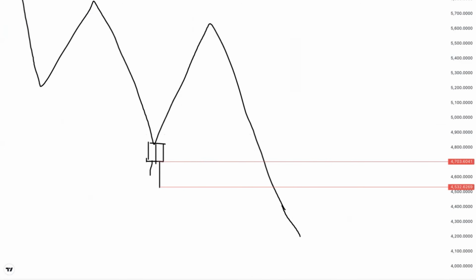Then we'll be expecting price to create some highs and respect any structure in between these two lines. That means we will have to drop into lower time frames in order to find structures at this point, since in higher time frames, you'll just see full impulse. You won't see any structures.